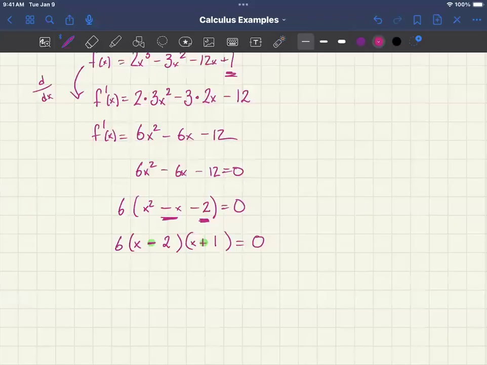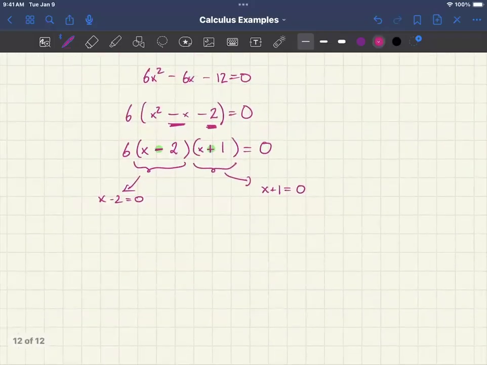When we multiply things together, one of those things has to be 0, so that is going to give us our different solutions. And we can ignore the 6, which is great about this. If you want that to be a part of this, it's not going to affect the solutions. So here are our 2 critical points. These are our critical numbers.